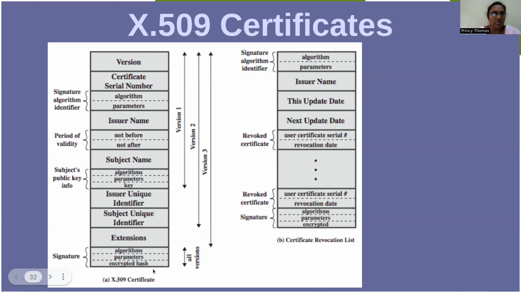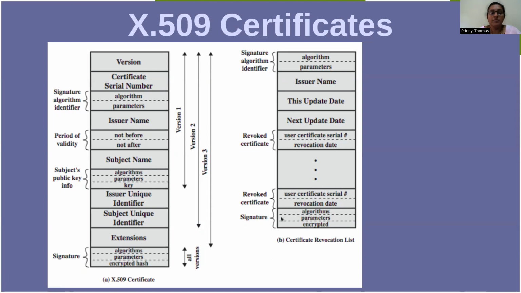In version 1, only the fields up to the subject public key information are there. In version 2, the issuer unique identifier and subject unique identifier are also there. In version 3, extensions are also there. In all versions, the signature is there. This is the diagrammatic representation of the previous slide.